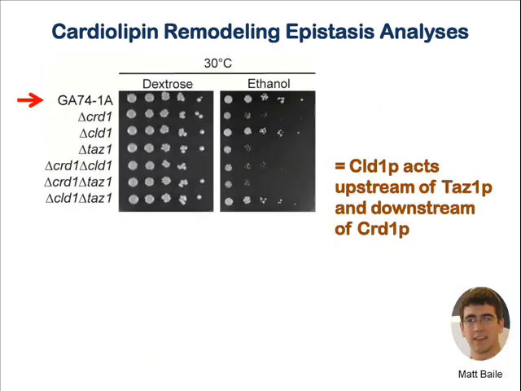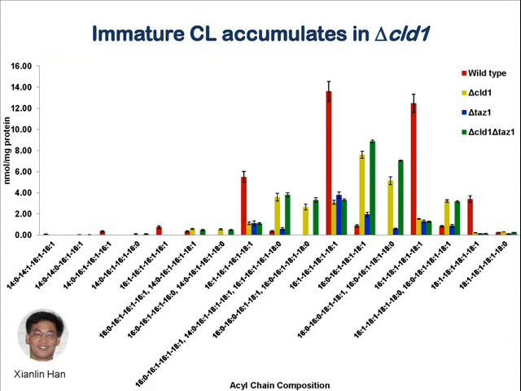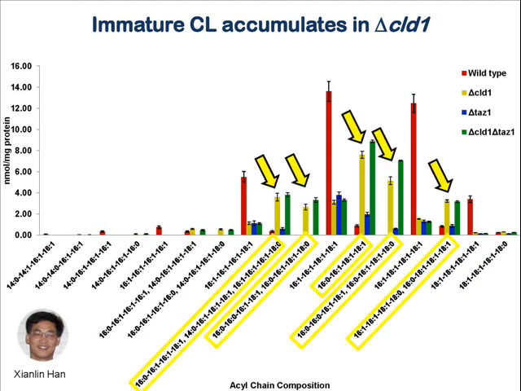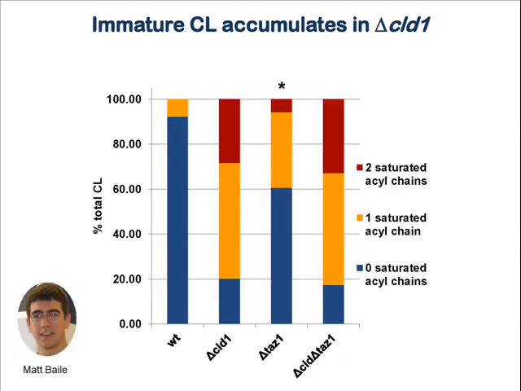Now, we all know that there's cardiolipin remodeling, and in mammals, there's at least 3 and possibly even more remodeling pathways, but the original, evolutionarily conserved remodeling pathway is the one that's mediated by tafazzin. So you have immature cardiolipin, which is characterized by a random attachment of saturated acyl chains.